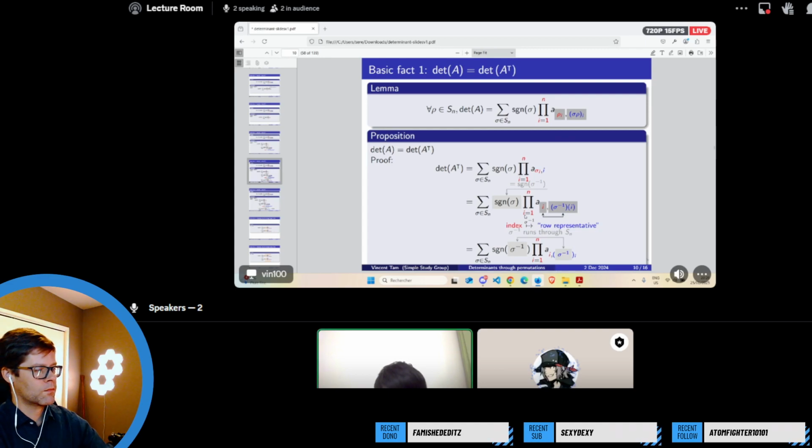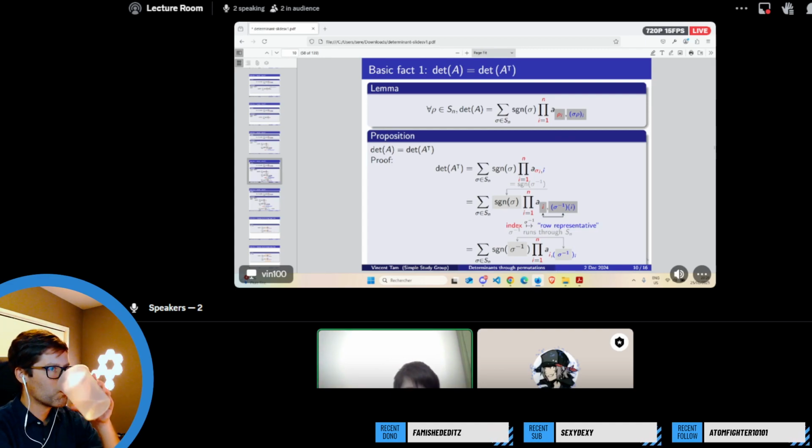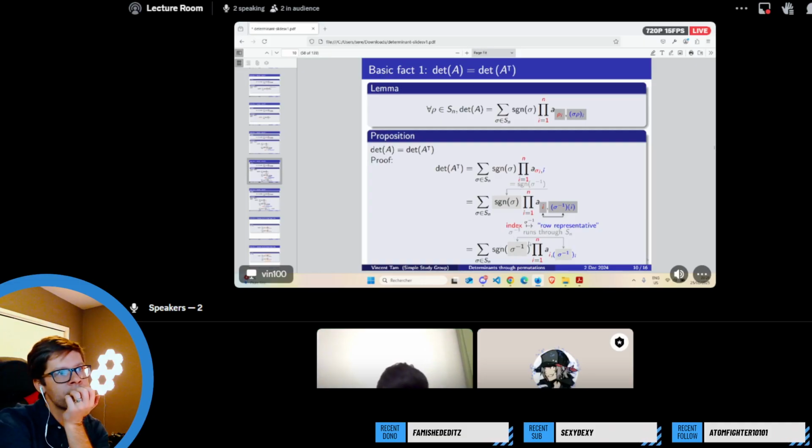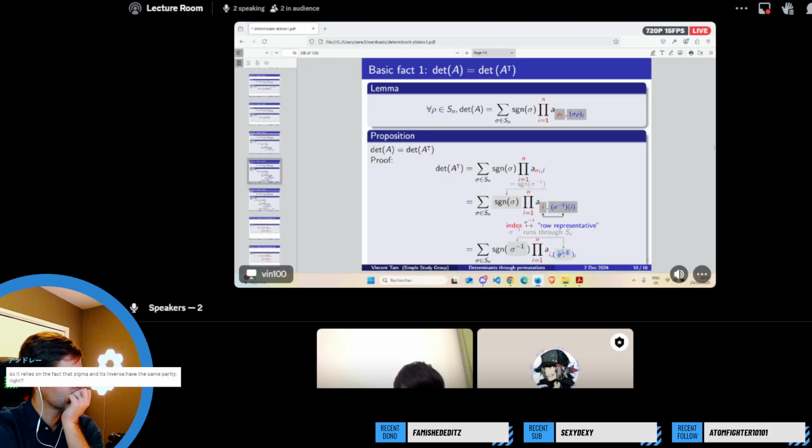Another trick is to replace SGN of sigma by SGN of inverse of sigma, so that what's inside the bracket following SGN will match here after the red index.